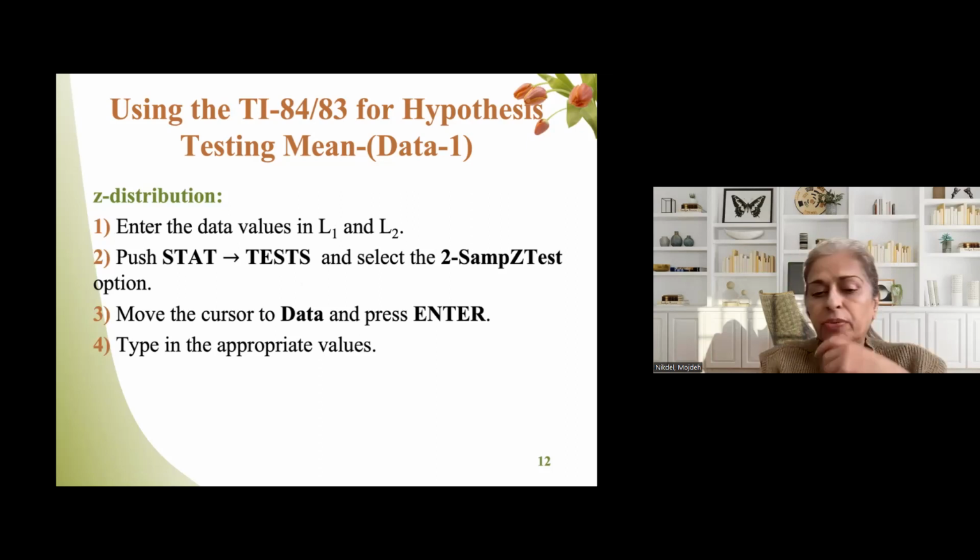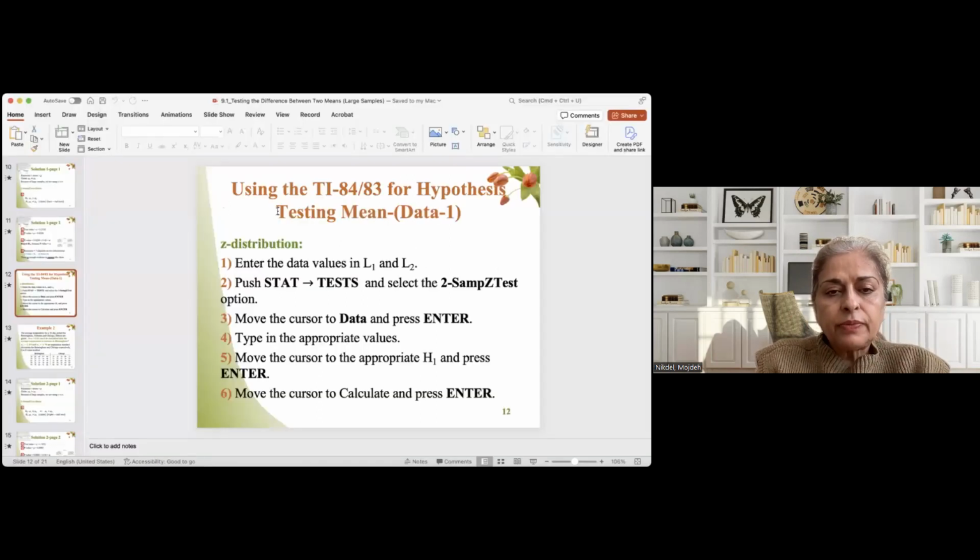What is the other option? Hold on a second. Let me bring my calculator. Stat edit. Calc is there too. Stat calc. Oh, calc. I forgot the word calc.